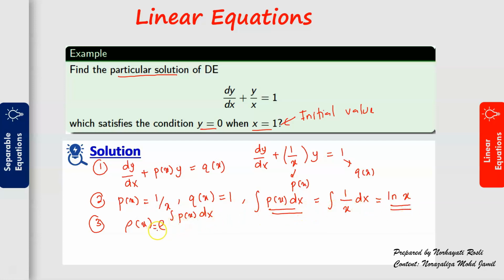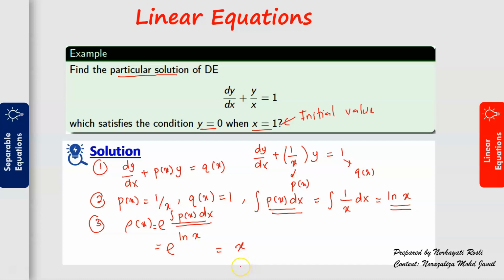So you just substitute the integral of p(x) dx with ln x, and you will have exponential of ln x. You can simplify this: we can cancel the exponential and ln, and we get just x.